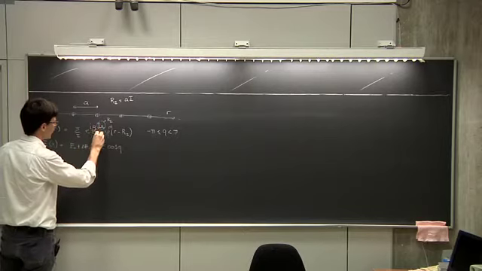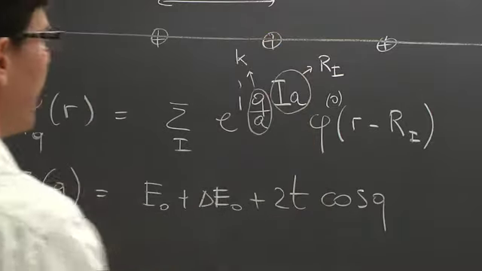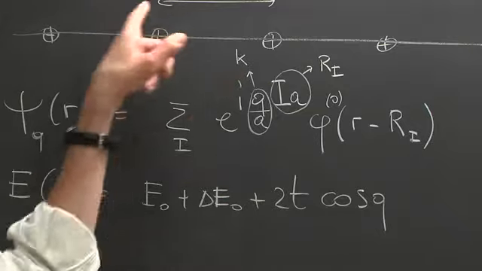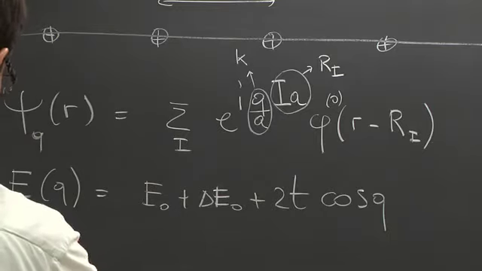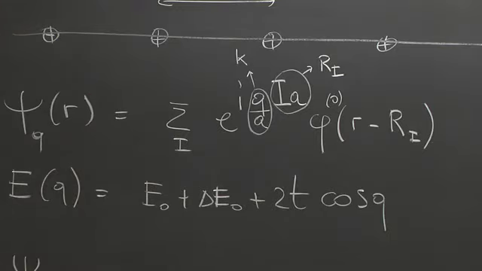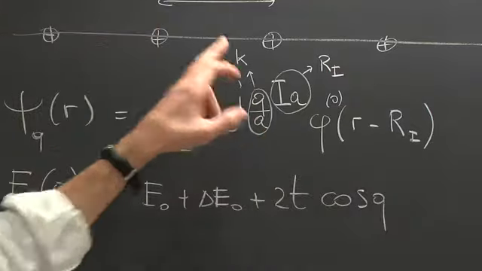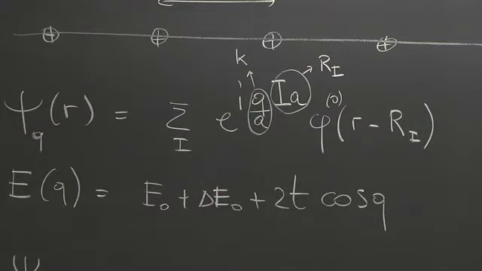And let me now call this object here, instead of Q, let me give it the name K. I'm just changing variable. A is a constant, the distance between the atoms. So instead of labeling the solutions in terms of this number Q, I'm going to label them according to this number K. It's the same, just scaled by a factor of A.